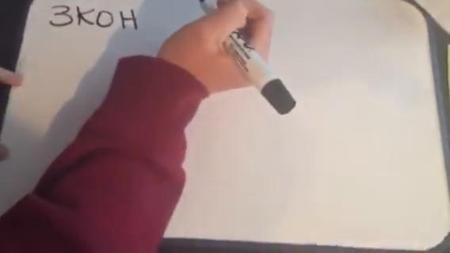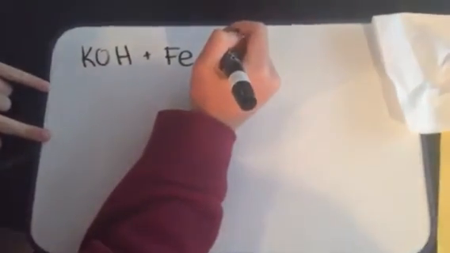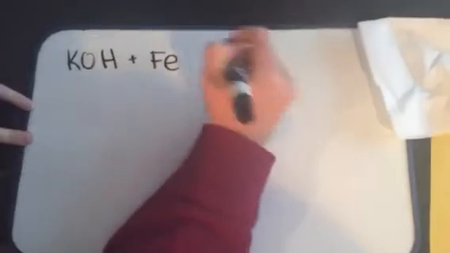Potassium hydroxide. Katie, talk us through what you're thinking. All right, well, then you won't know that it's balanced yet. Okay. So potassium hydroxide plus iron(III) nitrate. Okay.